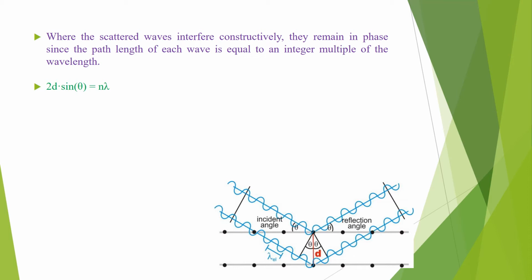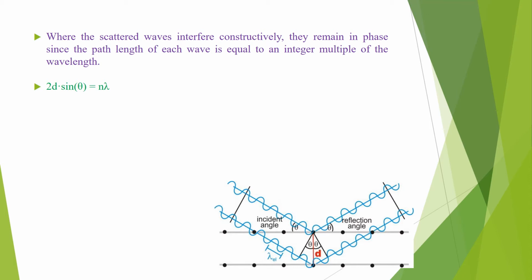That means the second wave can travel a distance equal to one wavelength, two wavelengths or three wavelengths, depending on the spacing between the two layers.